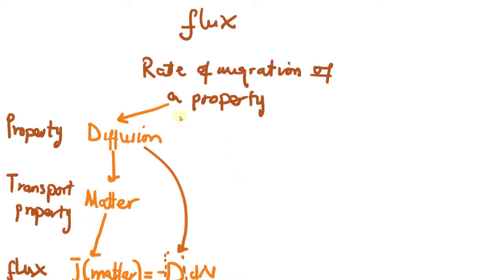And on our next part, which we talked about in our previous video, is looking at another property which is called the thermal conductivity. And the thermal conductivity is a property that requires a particular transporting property which is called energy.